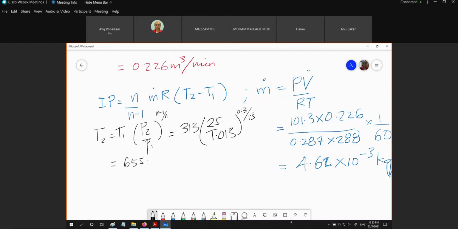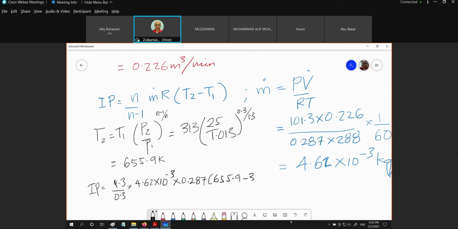Okay, so our IP will be equal to 1.3 divided by 0.3 multiplied by m dot. m dot tadi kita dapat 4.62 kali 10 negatif 3, kalikan dengan 0.287, T2 kita ialah 655.9 tolak dengan T1 kita ialah 313.